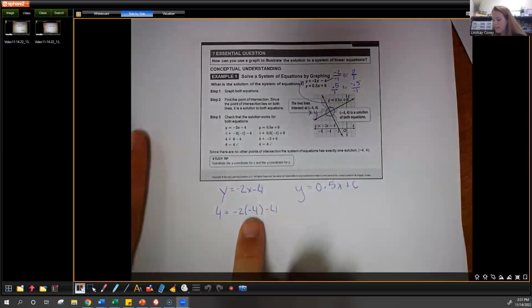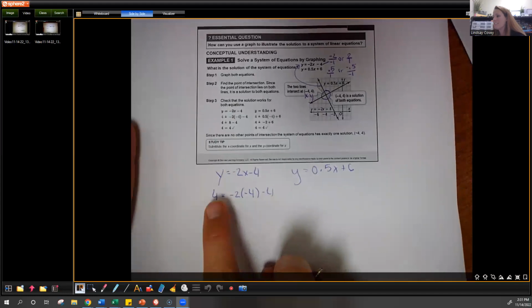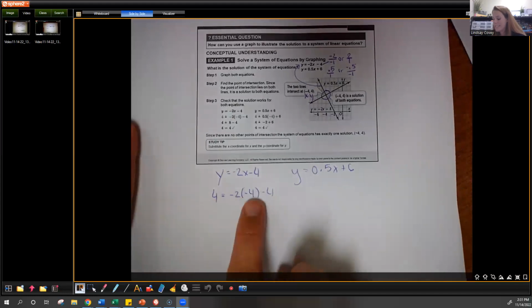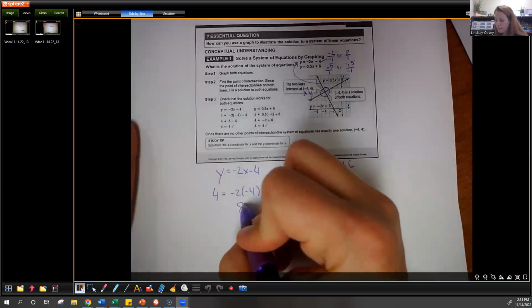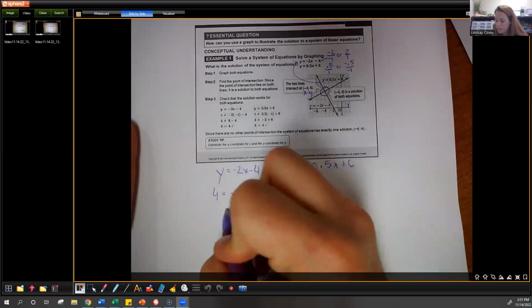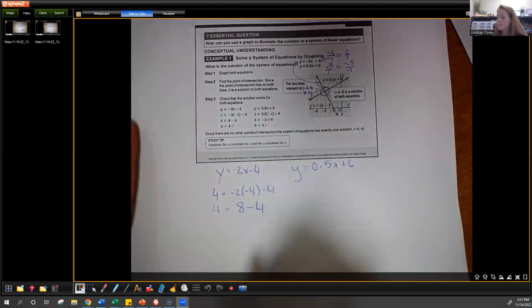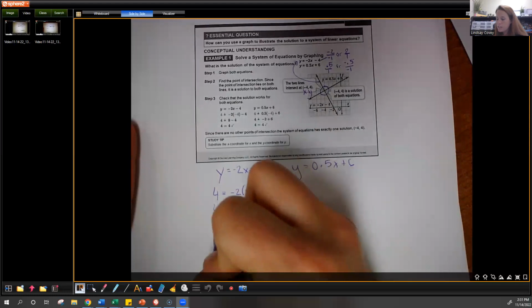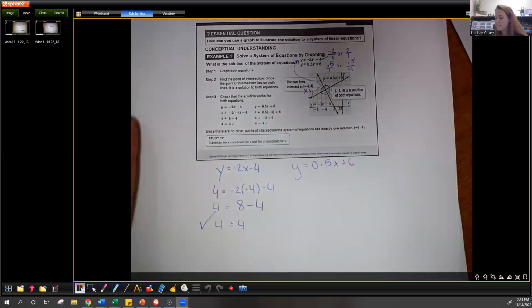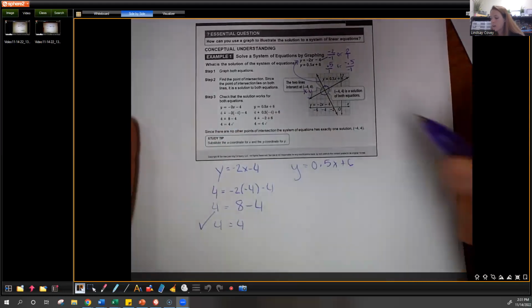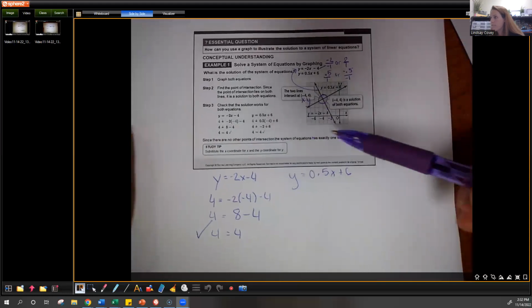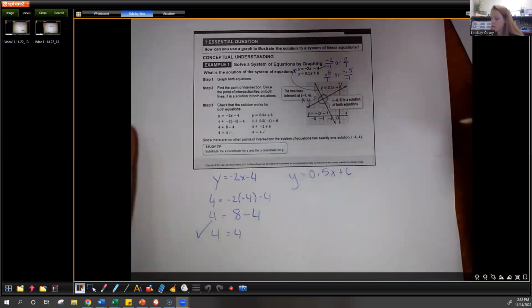When I solve that, remember this equal sign just means that this side of the equation equals this side of the equation. I'm left with 8 minus 4 equals 4. 8 minus 4 is 4. Does 4 equal 4? Yes. And same thing over here. I'm going to plug in the solution we found when we graphed these two equations.